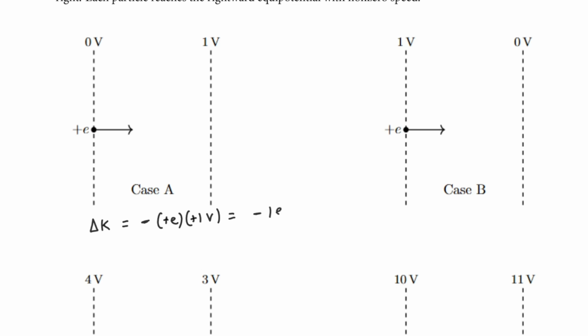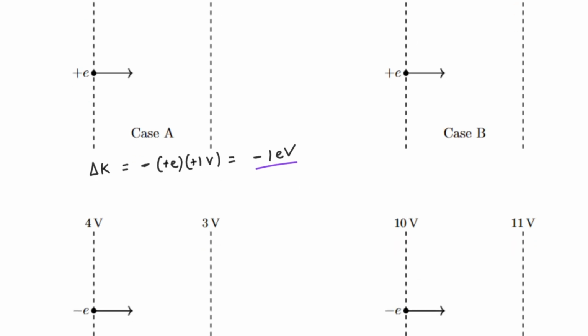So I would get negative 1 eV of kinetic energy change. And we can check that this works because we said positive charges like to go downhill. So if I just made this go uphill towards a higher potential, it doesn't like that, so it's going to lose potential energy, it's going to lose kinetic energy. So this particle would slow down.